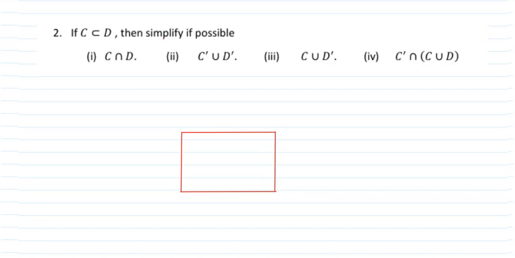So we have a set there, right? Then we have two sets there, right? So we have two sets there. All right, and also we have set C there inside, then we have also set D.